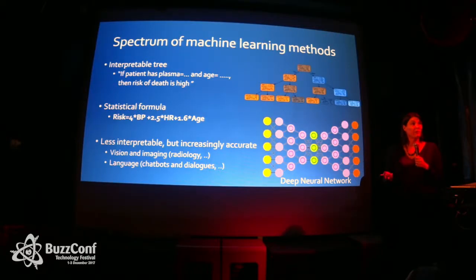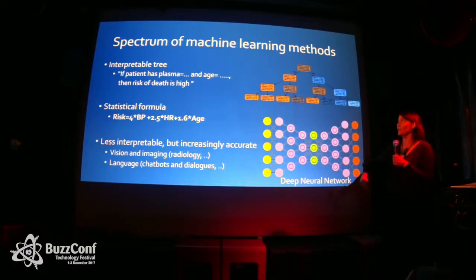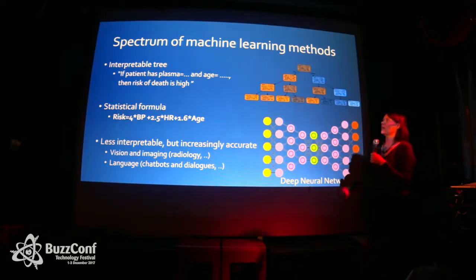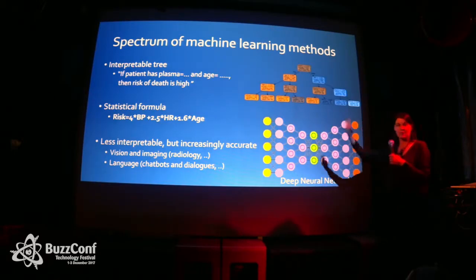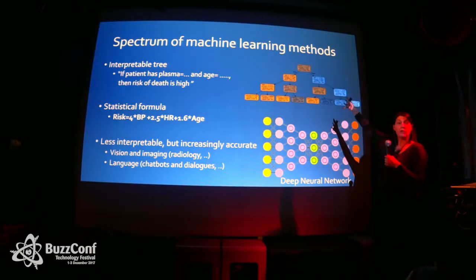That's called a random forest model, and it's basically a collection of trees that look like this. So if the patient has plasma equals some value and age equals some value, reading down this decision tree, then the risk of death is high, or the risk of recurrence in 30 days is high. So that's one class of models.